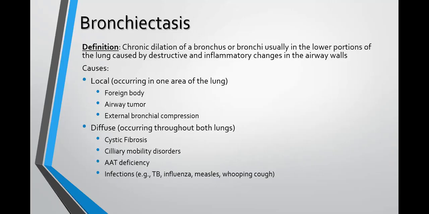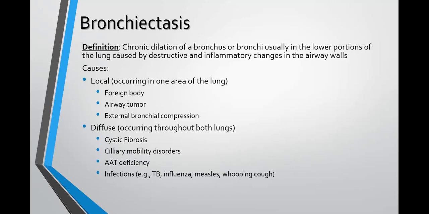It's so wide it almost looks like an alveolar sac, all right? But it's not an alveoli. It's actually a bronchus or bronchiole, right? And that's bad, right? That's bronchiectasis. Now, you got local or diffuse. Local means it's right in one spot, and diffuse means throughout both lungs.